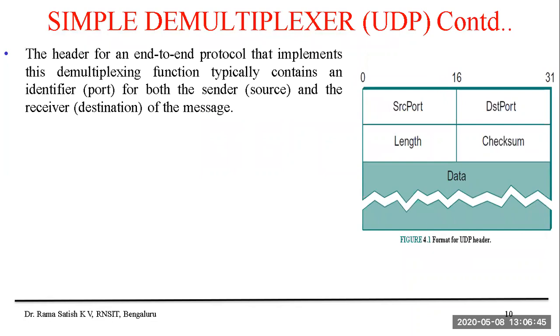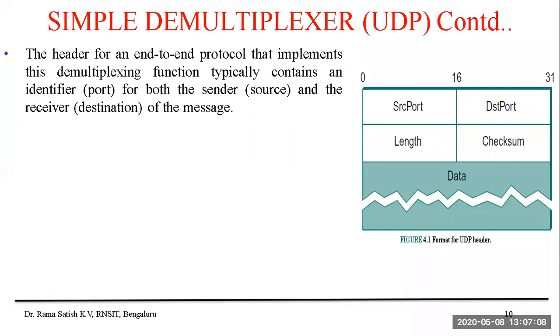Very importantly, the header of the end-to-end protocol that implements this demultiplexing function typically contains an identifier, which we call the port, for both the sender and the destination. So the source port is the port it is sending from, and the destination port is the port it is receiving on.